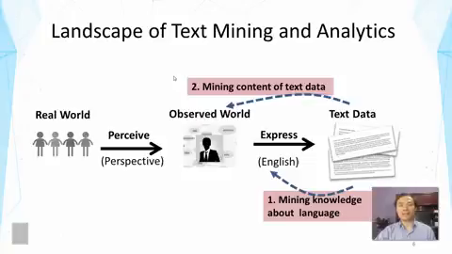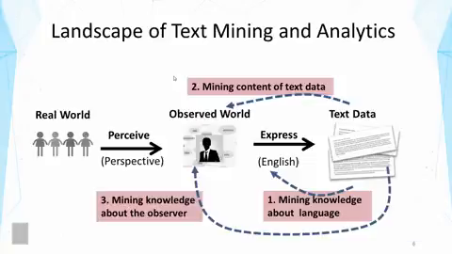If you look further, then you can also imagine we can mine knowledge about this observer himself or herself. So this also has to do with using text data to infer some properties of this person. And these properties could include the mood of the person or the sentiment of the person.